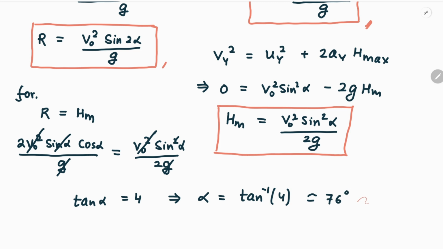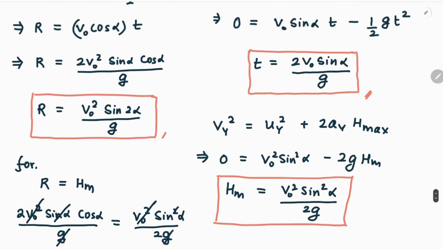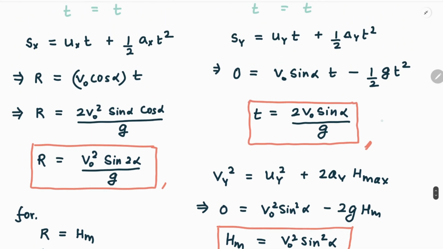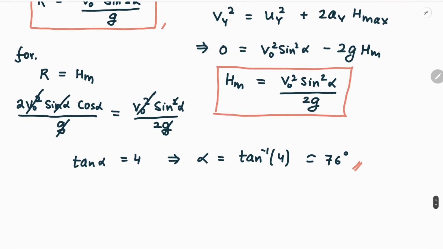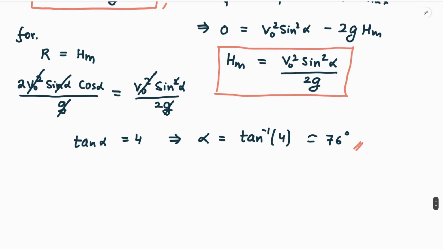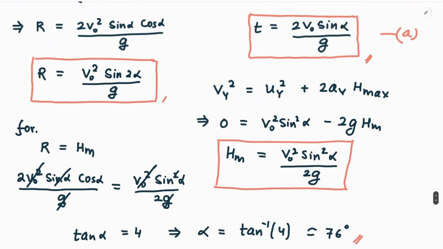This is also part of the problem that we have. So this is the answer to the first part, and these expressions are the answer to the second part of the problem. And now in the third part, the problem is asking us to write the equation of trajectory where y and x are the displacement of the body along the vertical and horizontal direction.